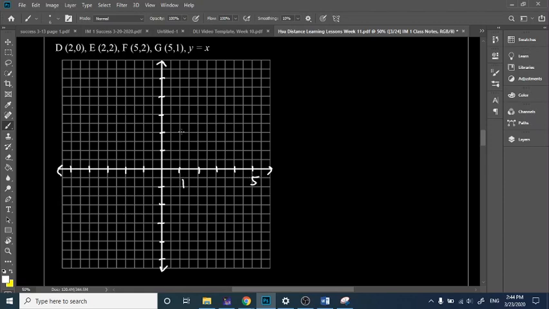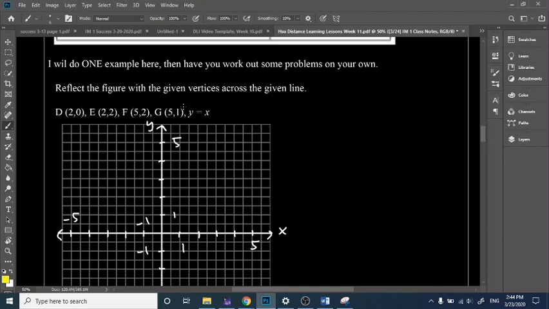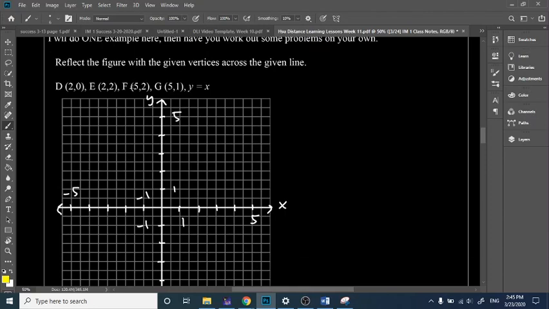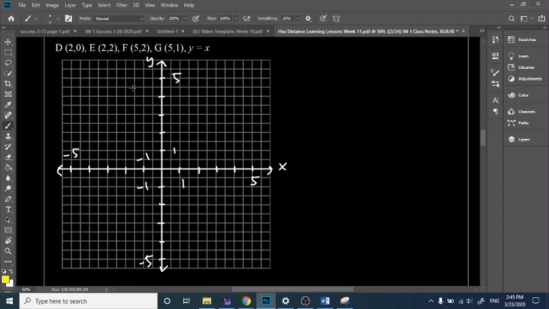Alright, 1 to 5, 1 to 5, negative 1 to negative 5, negative 1 to negative 5. X, Y. Okay, so let's first plot these points, because if we look at the instructions, we're going to reflect the figure with the given vertices across the given line.